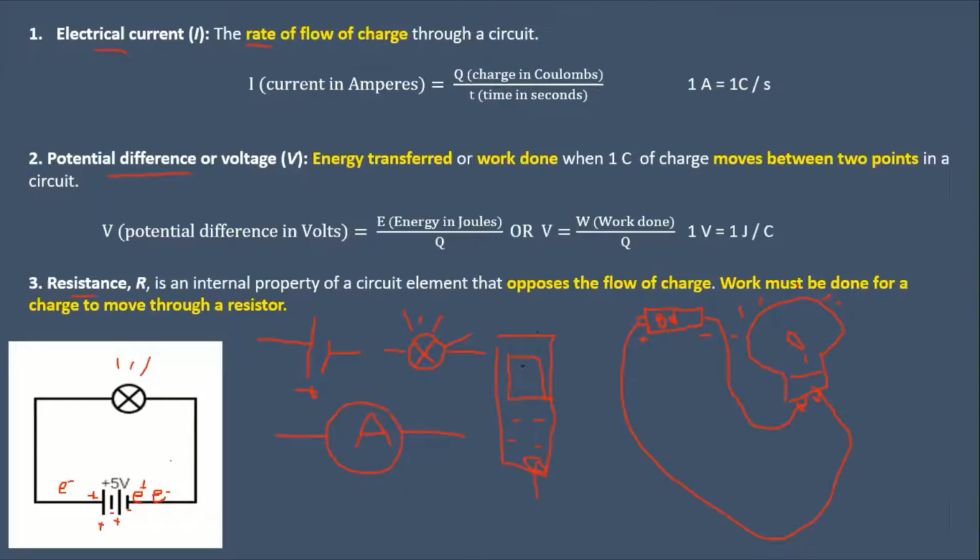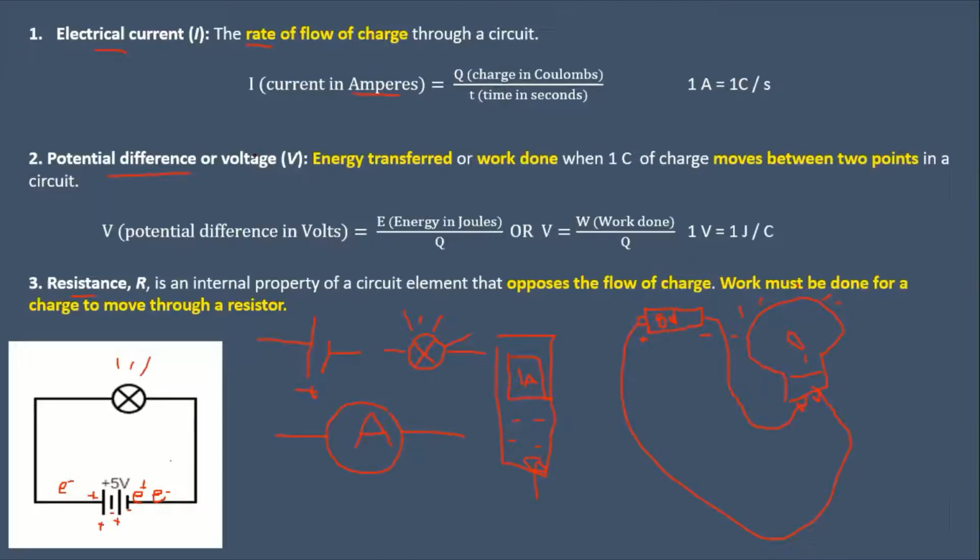So let's say you connect it to your circuit, and on the screen you read 1A. That is 1 ampere. So ampere is the unit of measure of current.